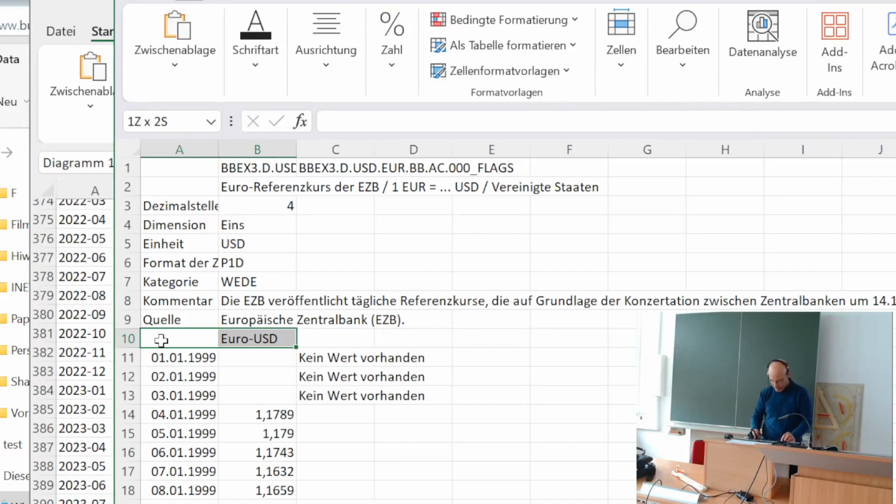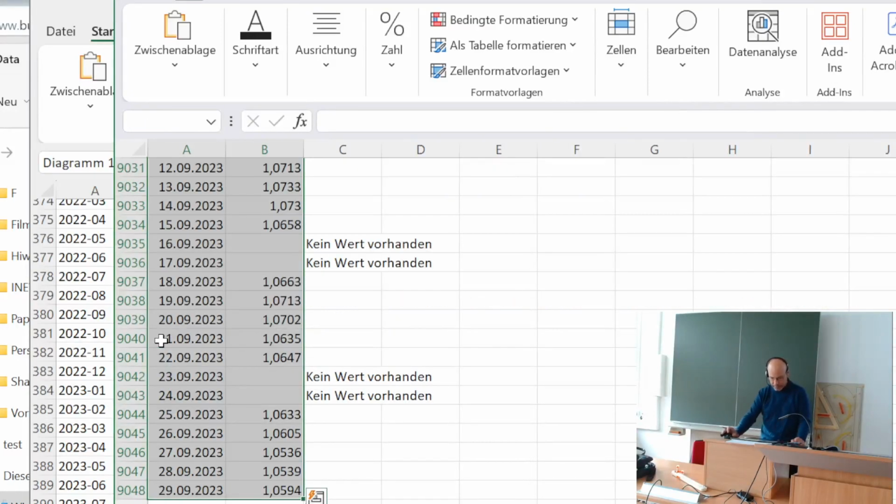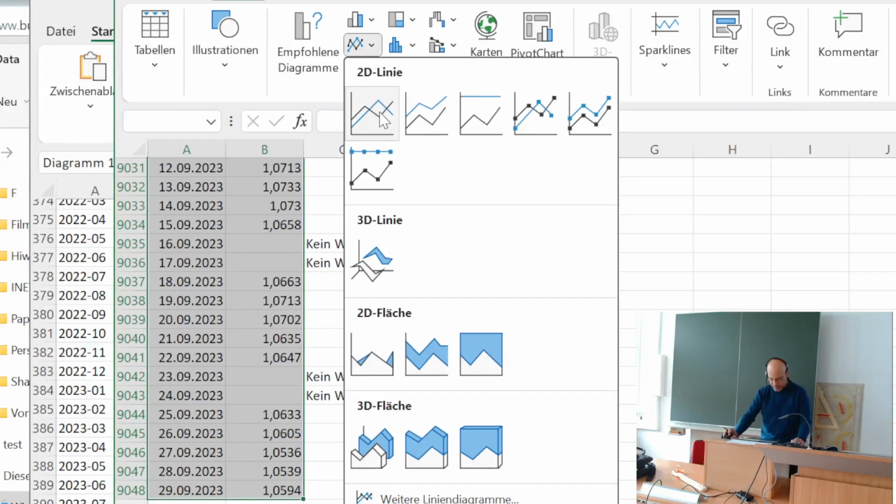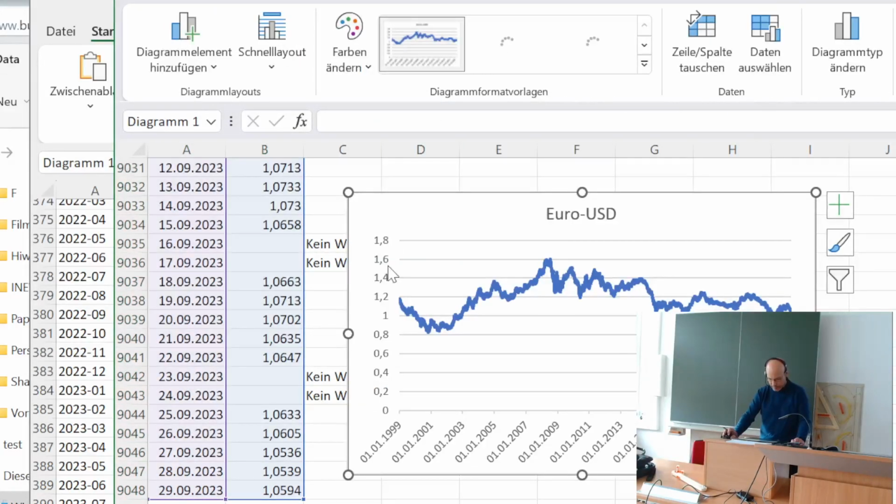And then let's have a look at where the exchange rate was moving in the last years. There we have it.